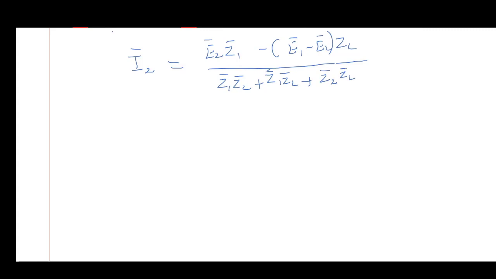So this is the corresponding value of I2 current during unequal voltage ratio.